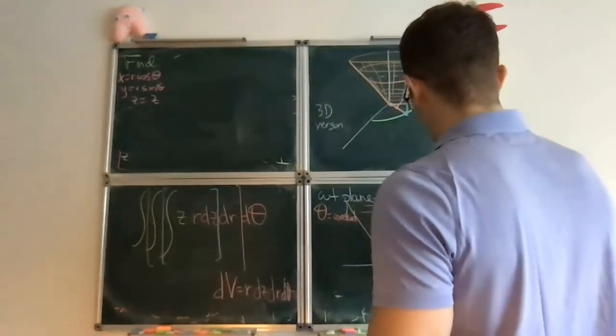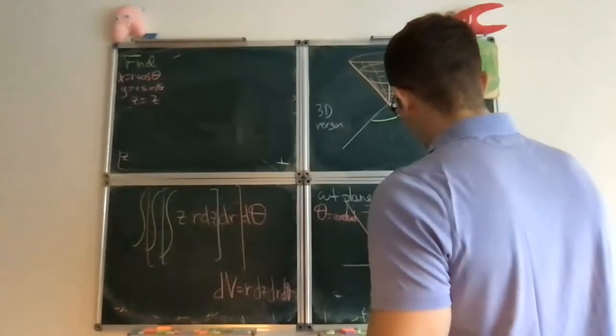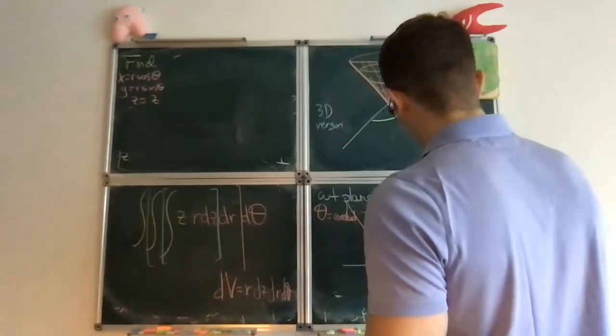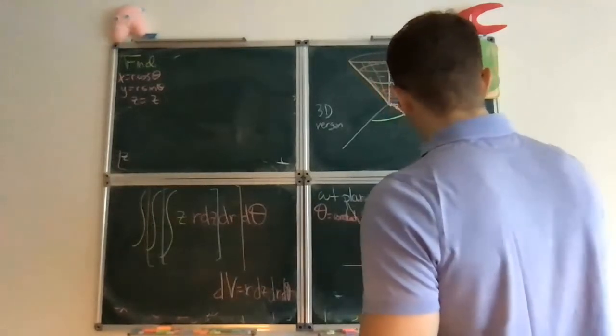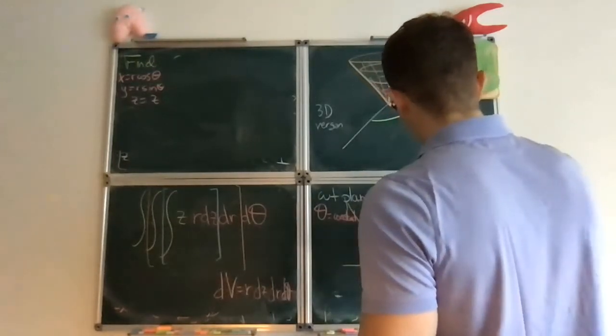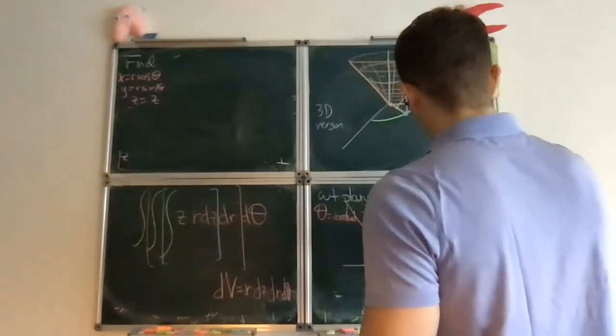And then the bounds for z are just obtained by drawing vertical arrows that are parallel to the z-axis. So you do something like this.